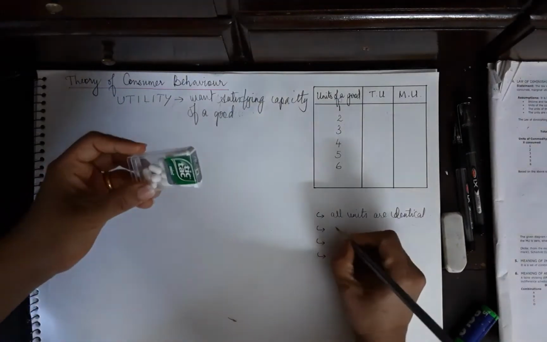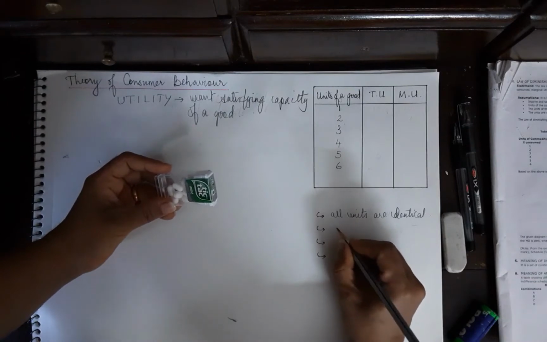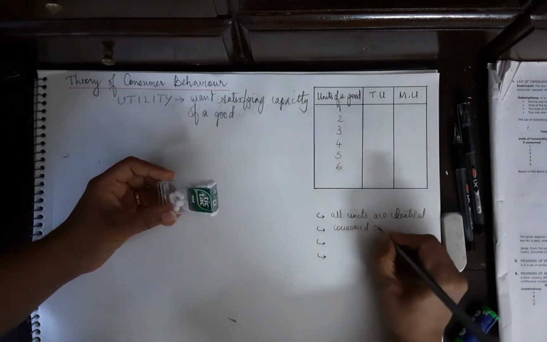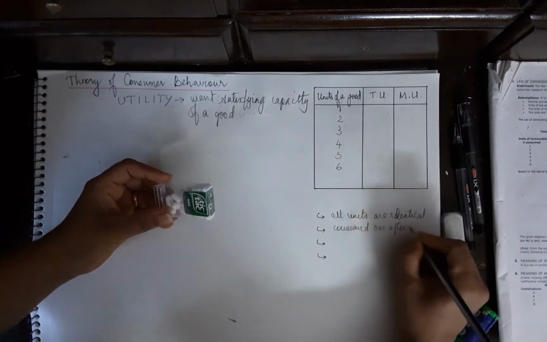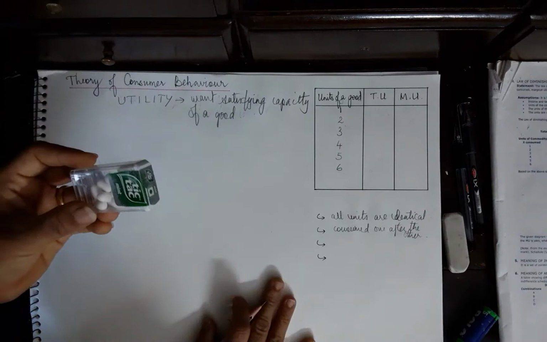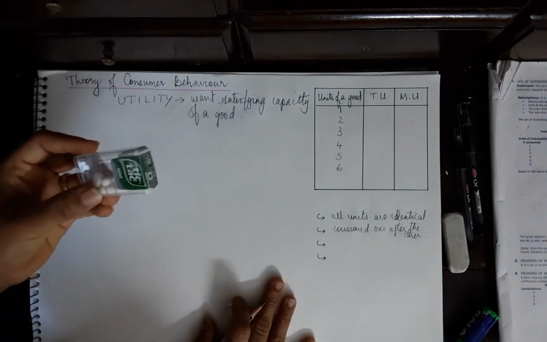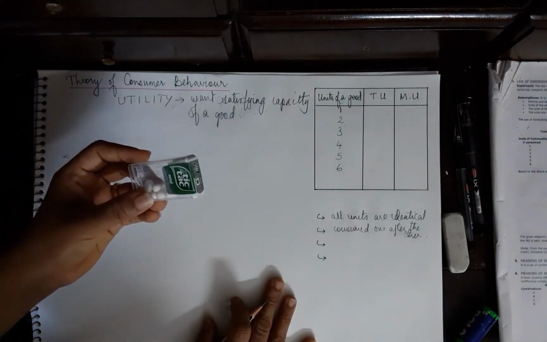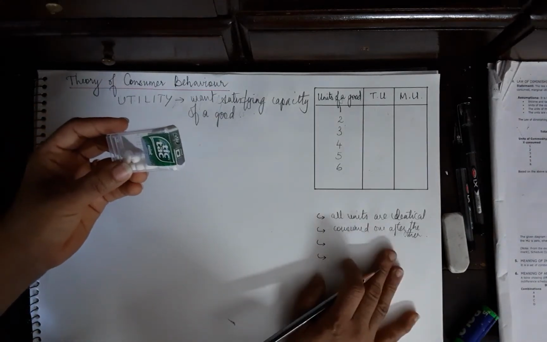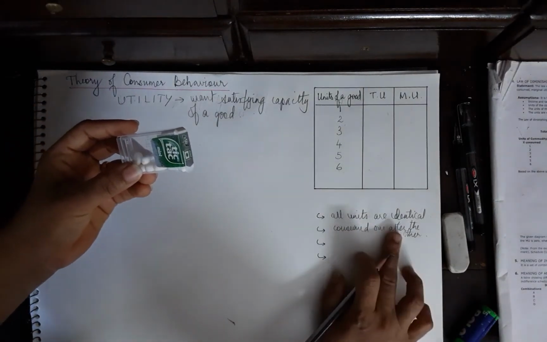The second assumption is the units have to be consumed one after the other, in the same period of time, like now when I'm conducting the experiment in front of you. The units have to be of suitable size. So that is also there. The quick succession we've gone for.